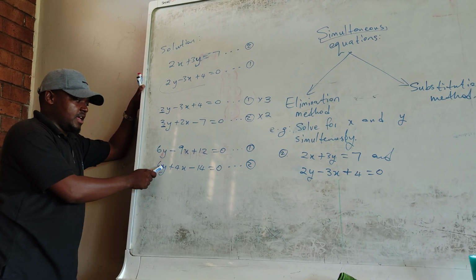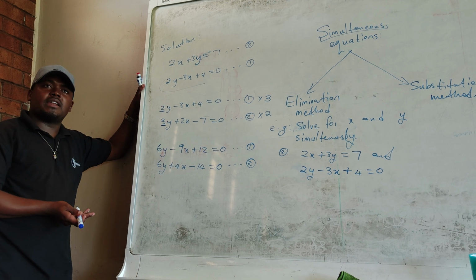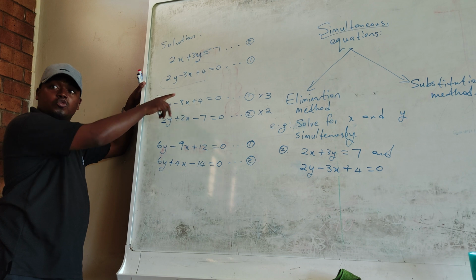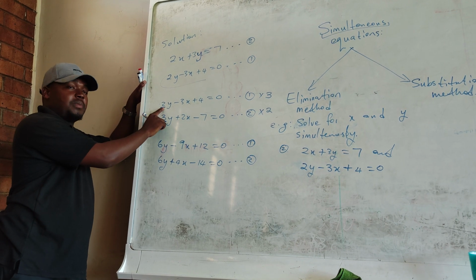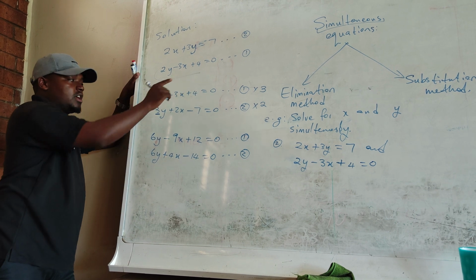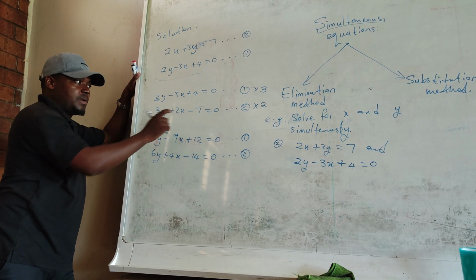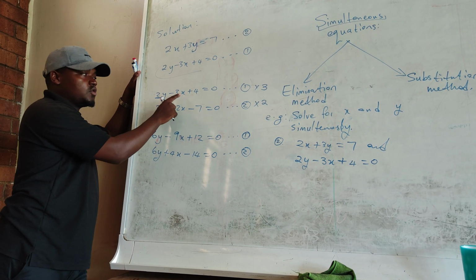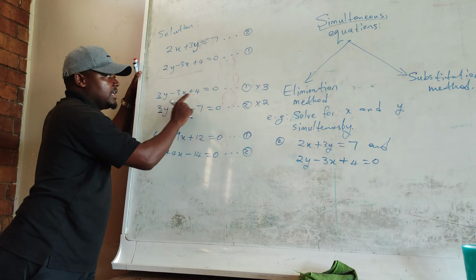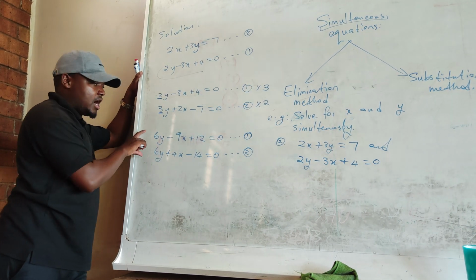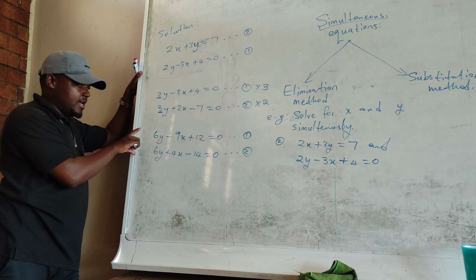Yes, because 6y and 6y, I can minus them. But before I was not able to minus them. Hence, I had to manipulate by multiplying. I take the coefficient of this one, multiply that one. Take the coefficient of this one, multiply the bottom there. Someone who chose to eliminate x was going to multiply everything here by 3, and everything here by this 2, and then come up with new equations.